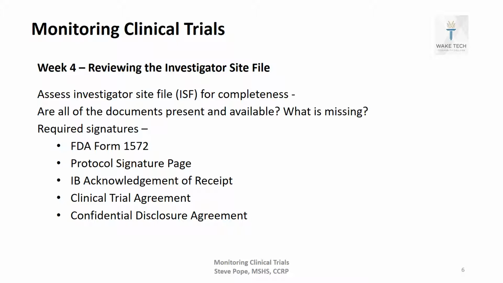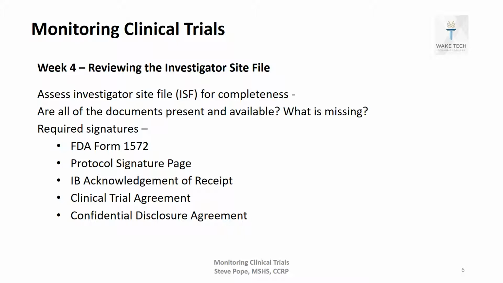Now, in many cases, this is a document that they probably will not have in their binder that they hand to you, because this document contains contractual information and budgeting information. It's normally kept maybe in a business file someplace, but you can ask to see that to verify that they have it on site.